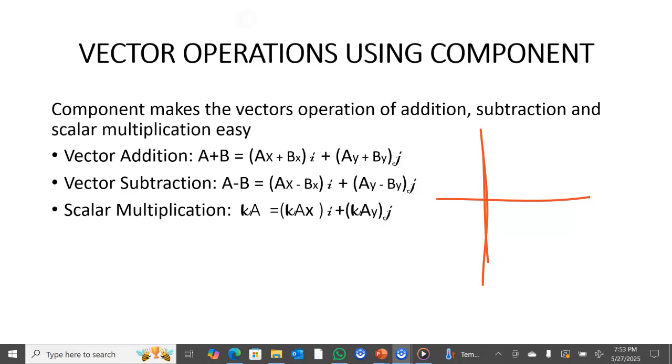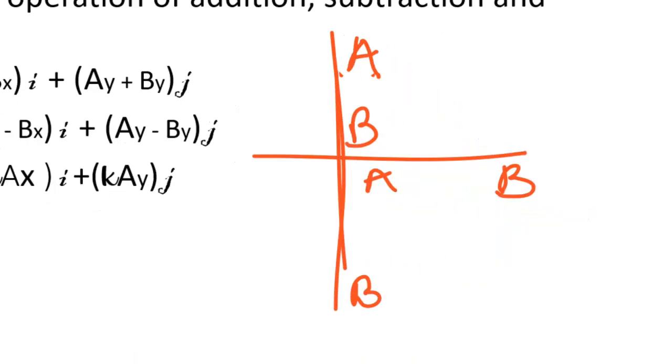We have Ax, Bx, because we have A here, and on this we have B, we have A2 here, and we have B. So when we say A on the x-axis, this is the A on the x-axis plus B.